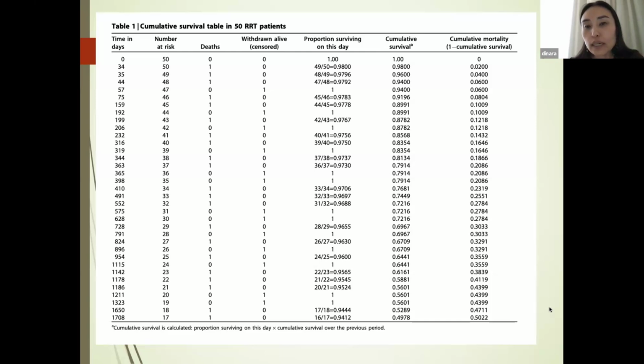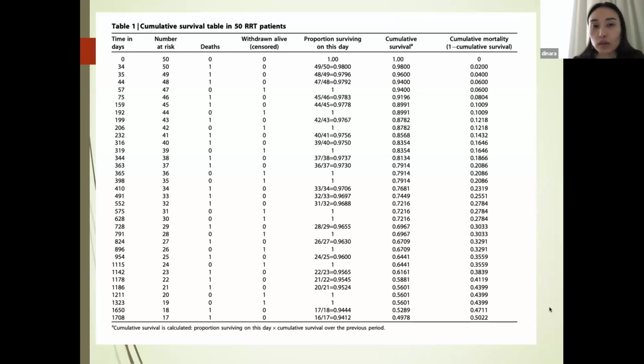It's 0.98, and cumulative survival probability is 0.98 multiplied by the cumulative survival of the previous period. In this case, the previous period was 1 because no one died on day 0. So the cumulative survival would be 0.98.